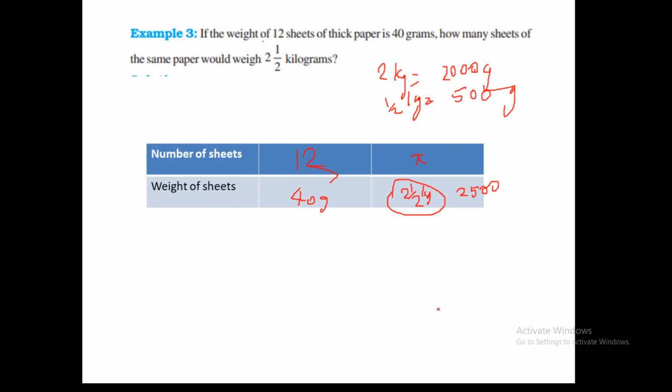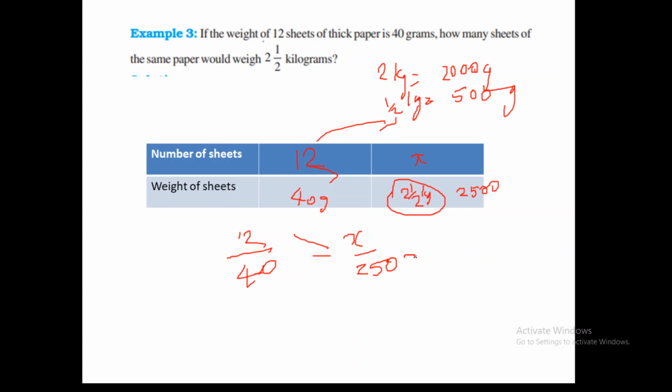Then this we have to apply. We know that as the number of sheets increases, the weight also increases, right? So direct proportion. So we write 12 by 40 is equal to x by 2500.